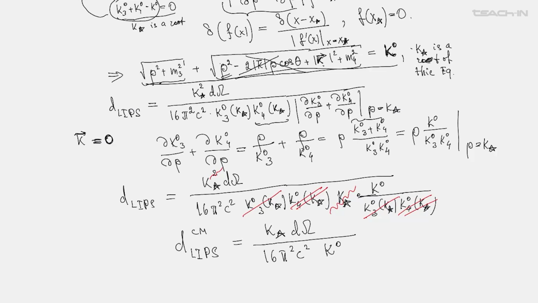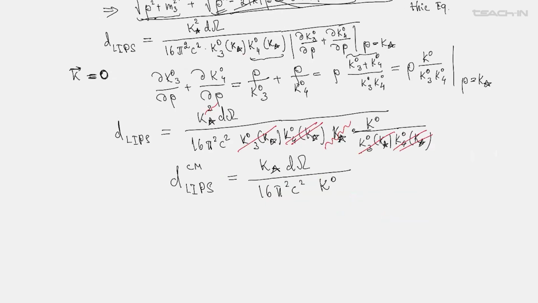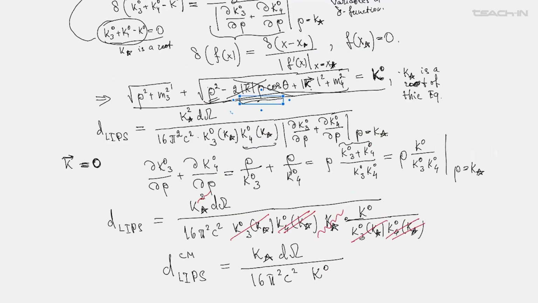So the ellipse essentially reduces to the integration over the angles, and k star in the present construction in the center of mass frame is a solution of this equation here. You can solve this equation for rho, and rho becomes k star.